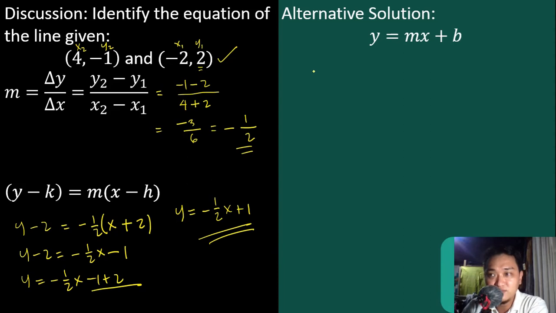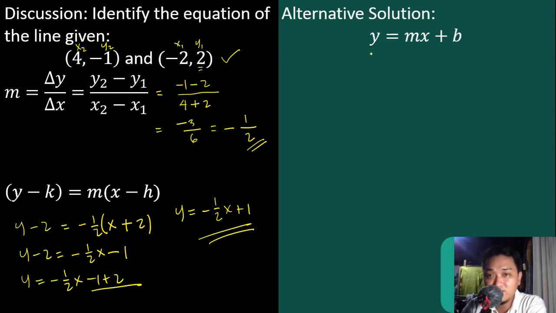If you prefer to use the slope-intercept form, provided we have solved for the slope which is negative 1/2, all we have to do now is to solve for the value of b. So, that would be, let us make use of this point. Okay, so we have our y is 2. We're going to substitute.